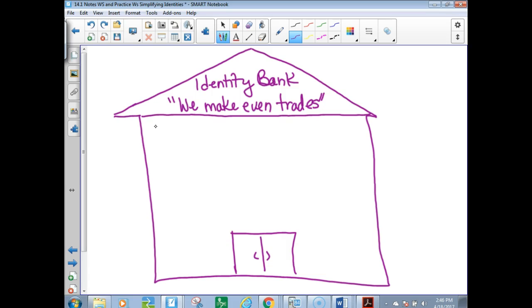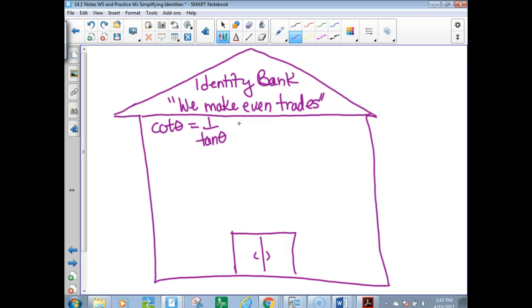One was the cotangent, the reciprocal of the tangent, but you're just never going to trade that. Well, you might trade a cotangent for a 1 over the tangent. You probably won't do that too often, but you might.